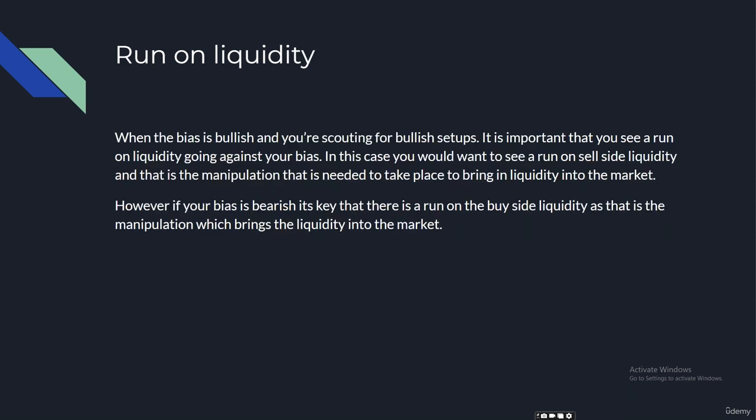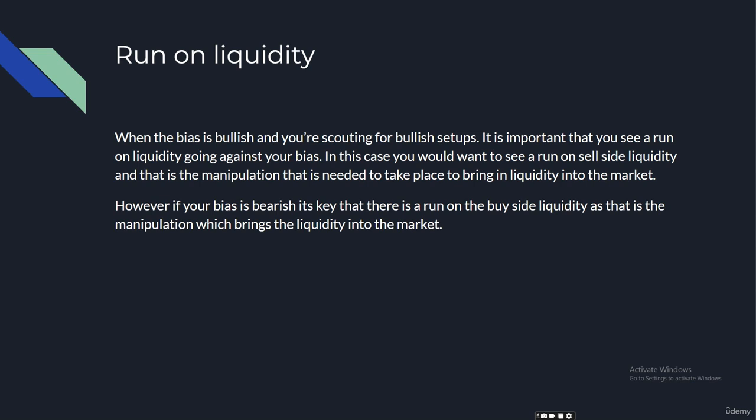Then the run on liquidity. Let's say the bias is bullish and you're scouting for a bullish setup. It's important to see a run on liquidity going against your bias. In this case, you want to see a run on sell side liquidity, and that is the manipulation that needs to take place to bring liquidity into the market. The reason we want to see price go against our bias, taking out maybe equal lows if you're bullish, is because that's price manipulating the market.